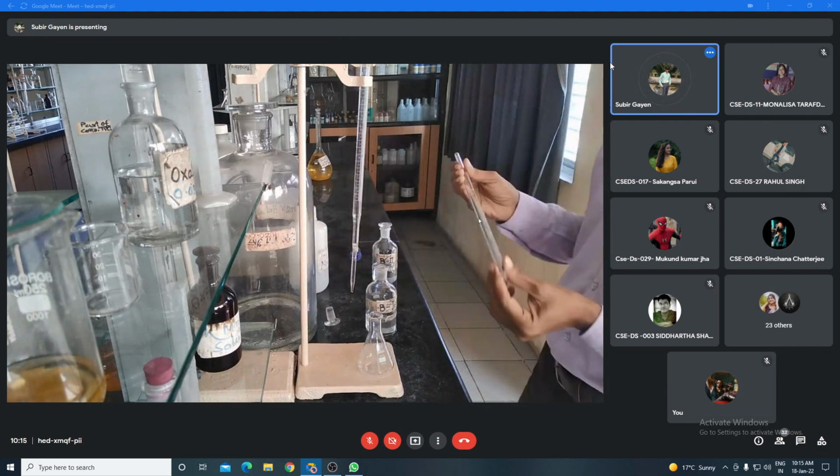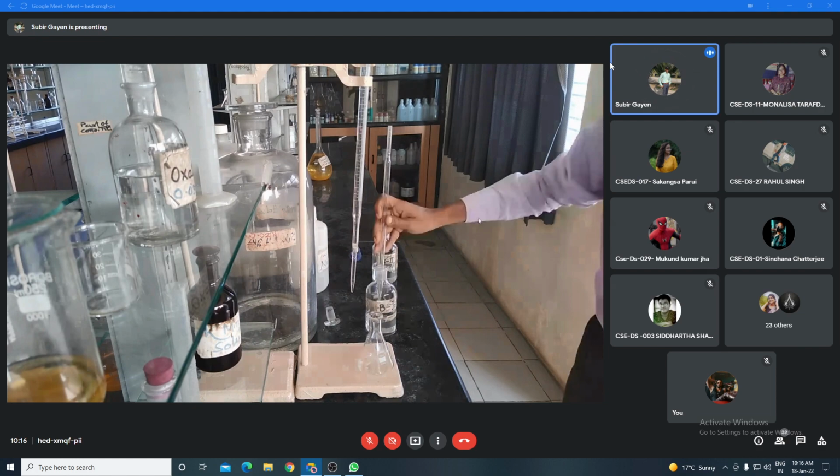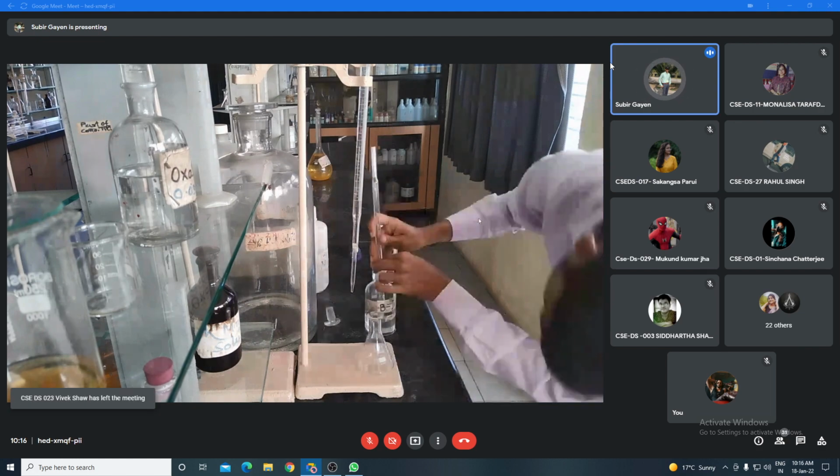At first, you have to take the upper layer of bottle 1. This is bottle 1. Just a small portion you have to take. Then slowly you shake the solution.